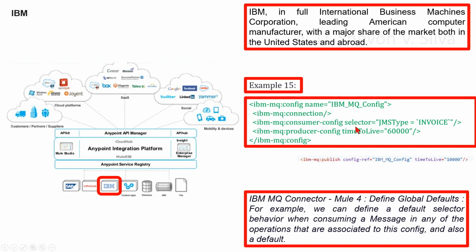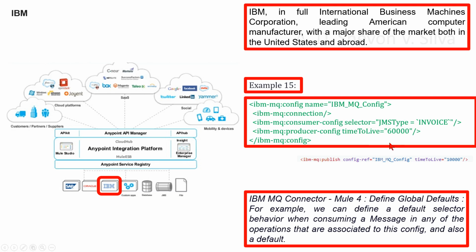In this case, every consume or listener operation associated with this configuration uses the selector by default, while every time a publish or publish-consume occurs, the outgoing message has a TTL of 60 seconds. All of these properties can be overridden at the operation level when required.